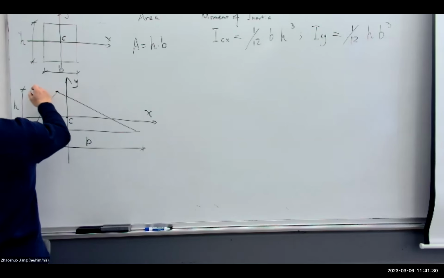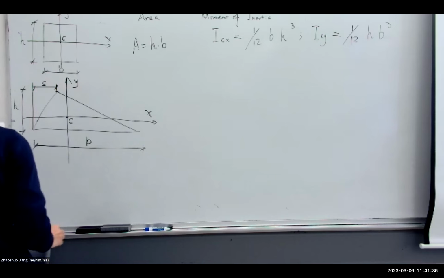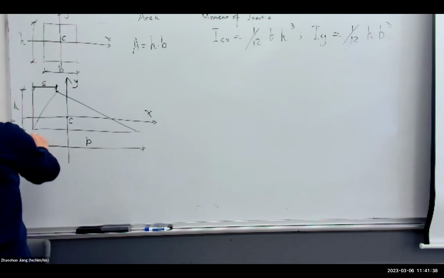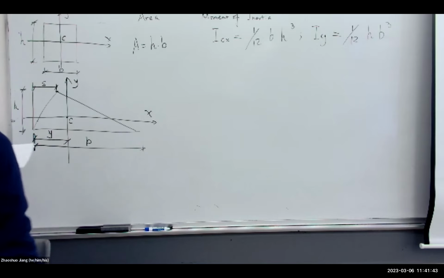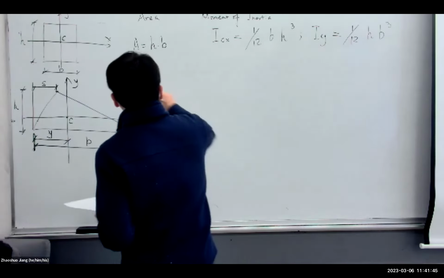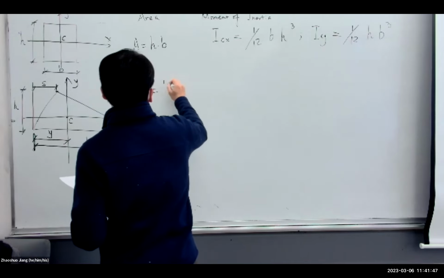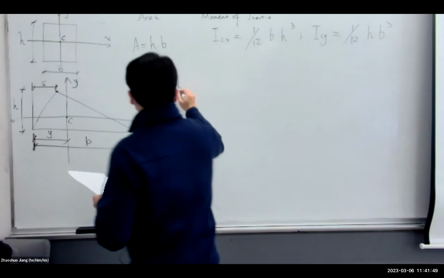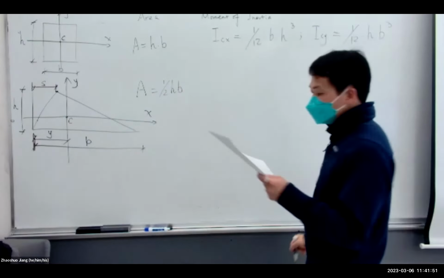This distance to the edge, this is X. Distance from here, here is the Y. So the area is 1/2 h times b, right? Based on the height divided by 2.